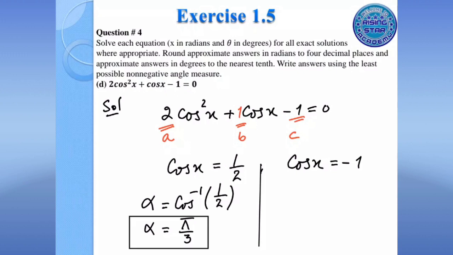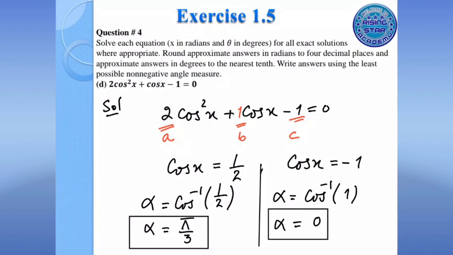For the next one, we will find alpha again for cos inverse of 1. So we know that our alpha would become 0 in that case, 0 radians.